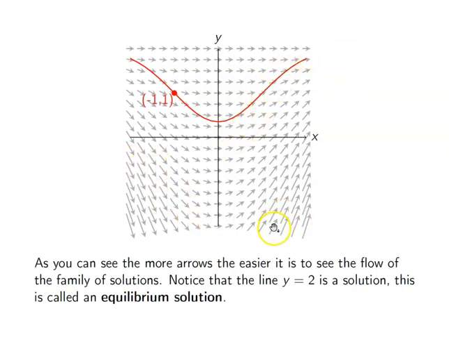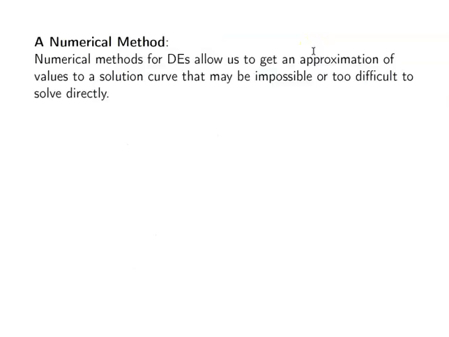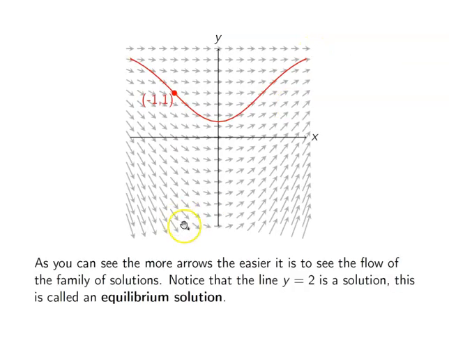So if I were to pick this point, it's going to go up towards 2 and settle at 2. Even though we don't know what happens over here, it's always horizontal. So it's an equilibrium point where things flow back up towards it. It's not just an equilibrium point, it's an attractor because it always brings stuff towards it from the bottom.